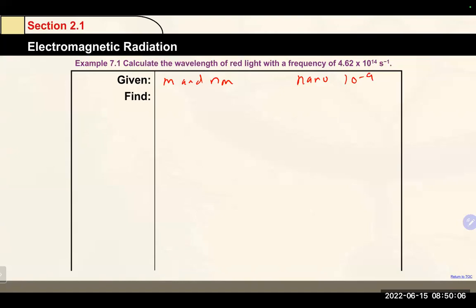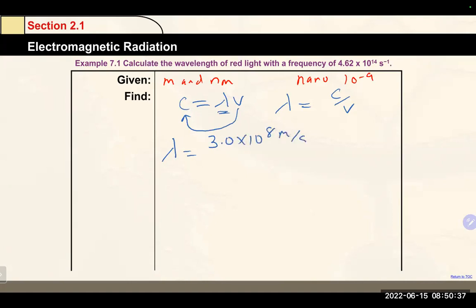So here we are going to try to find the wavelength. Our c is equal to our wavelength times our frequency. Our lambda there is our wavelength. So we will solve for lambda by dividing by the frequency to the other side. So it's going to be c divided by our frequency. c again is a constant, so you always have it as 3 times 10 to the 8. Putting our numbers in gives us 3 times 10 to the 8 meters per second divided by our frequency, which was 4.62 times 10 to the 14 reciprocal seconds.